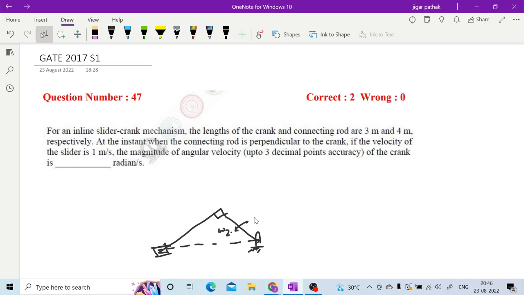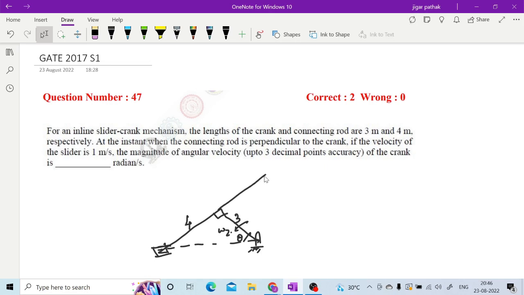You are given the slider's linear velocity. The connecting rod and crank lengths are given as 3 and 4, right? This theta you have to calculate.